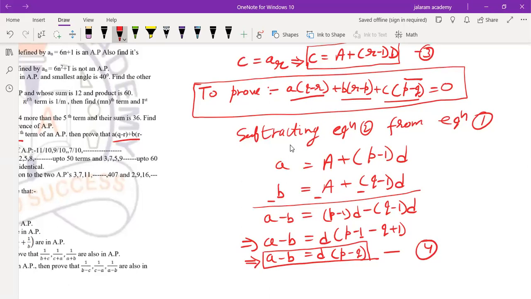And in our discussion, we have also brought P minus Q, which is equal to A minus B upon D. So we will write it as equation number 4, and in place of P minus Q, in left hand side of this, we can write A minus B upon D. Similarly, we can find the other brackets also, like Q minus R and R minus P.